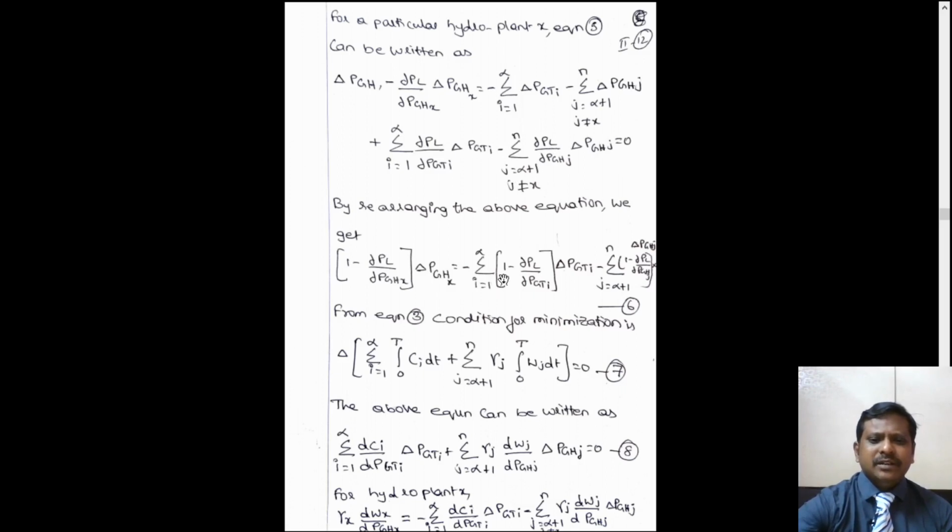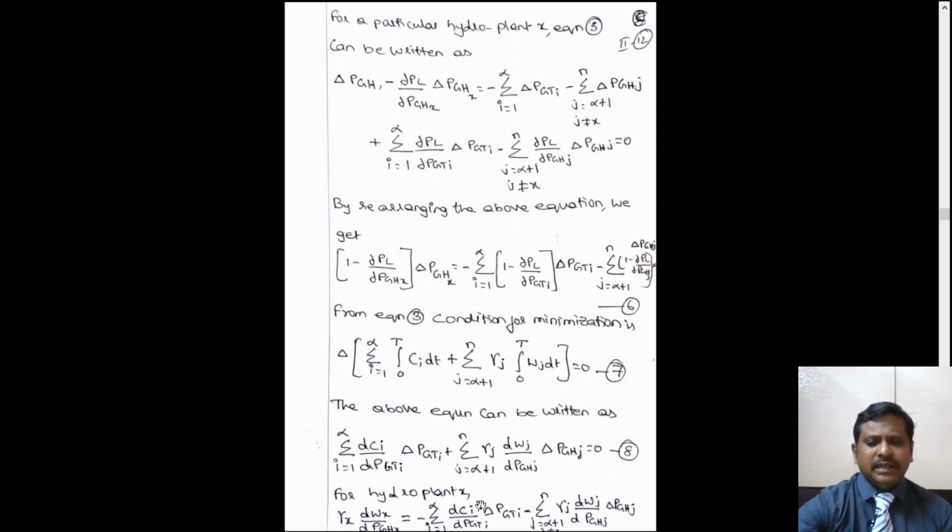So on arranging all these equations, you will be having the condition for minimization as the sum over i equals 1 to alpha of the integral of Ci dt plus the sum over j equals alpha plus 1 to n of gamma j times the integral of wj dt equals 0. So the above equation can be written as equation number 8.